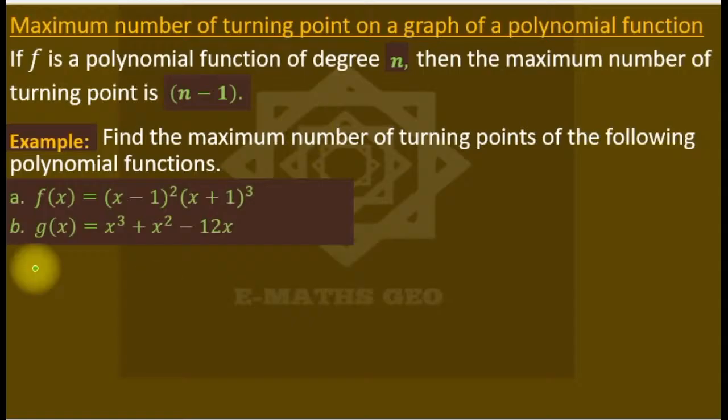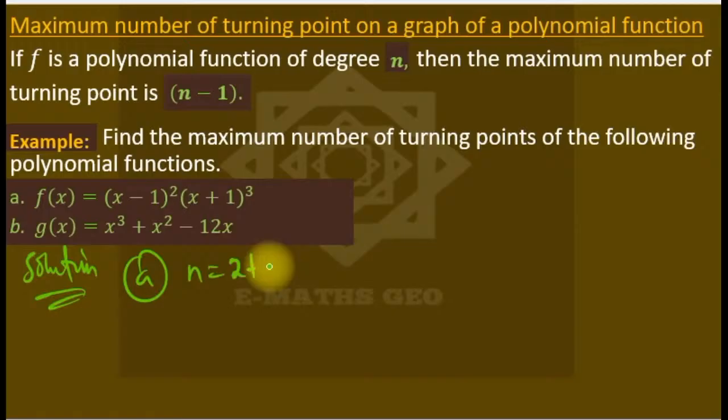They said we should find the maximum number of turning points of the following. For the first one, the degree n is 2 plus 3. Yes, you add the powers. That gives us the degree. So the degree of this is 5. Therefore, the maximum number of turning points is 5 minus 1, which is 4.